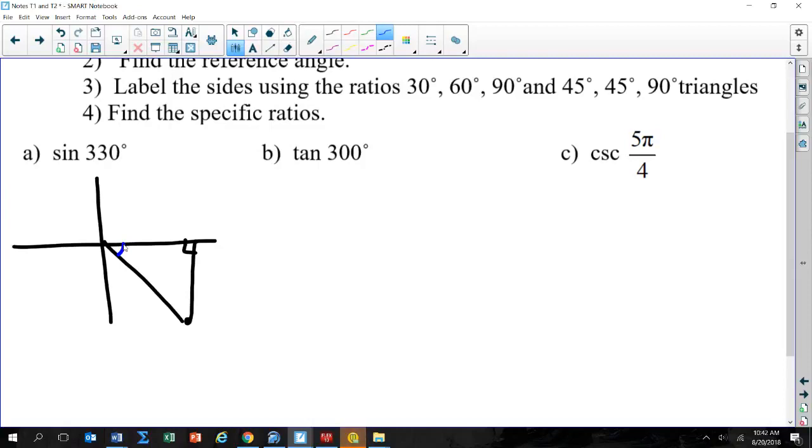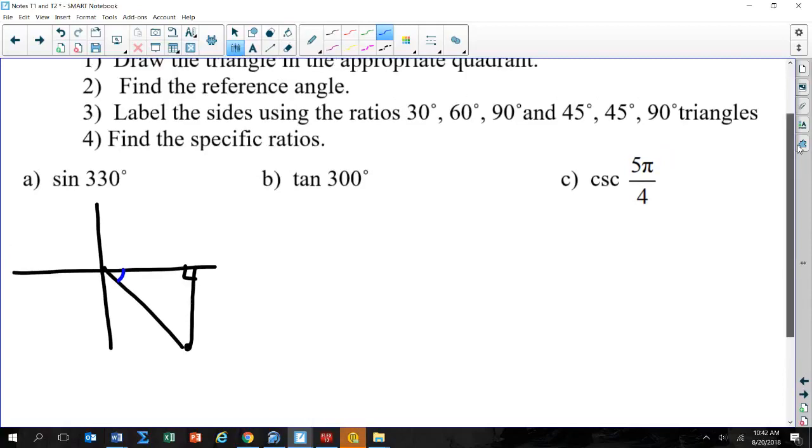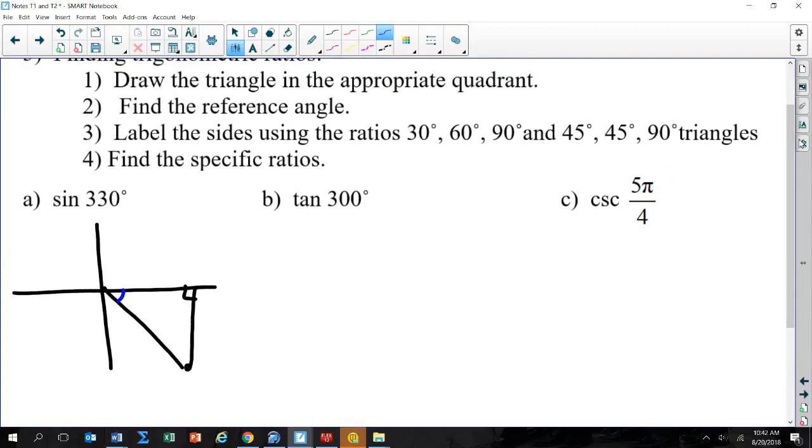Okay. Step 2, after we've drawn the triangle, is to find the reference angle. So if this is 330 degrees from here to here, what chunk is missing? 30, right? We need another 30 degrees to complete that revolution. So this must be a 30-degree reference angle. Once we find the reference angle, now we're going to label the sides using the proper ratios.